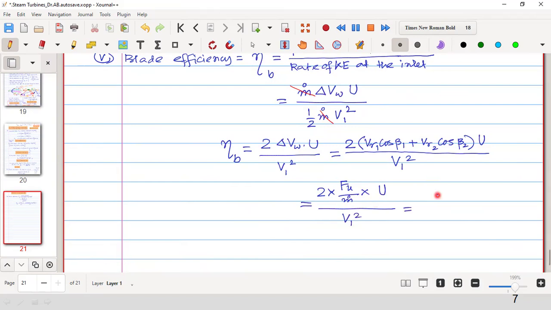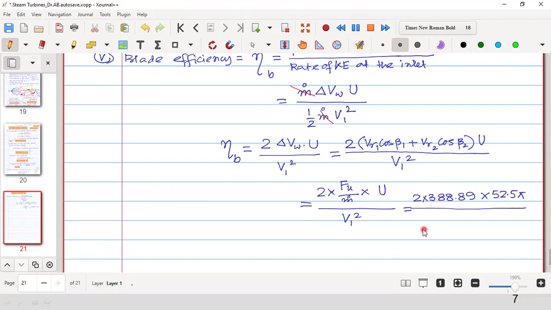So what is that? 2 multiplied by Fu by m dot is 388.89, multiplied by U, which is 52.5 pi, divided by V1 square. V1 is how much?